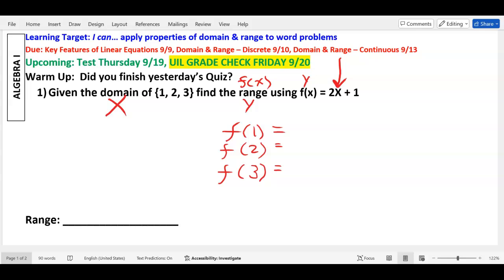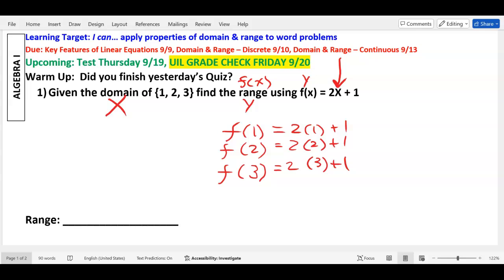So I'm going to rewrite it. Instead of x, I'm going to put parentheses 1. Instead of x, I'm putting parentheses 2. Instead of x, I'm putting parentheses 3. Again, if you have a domain, replace x with each domain value to get the new range.